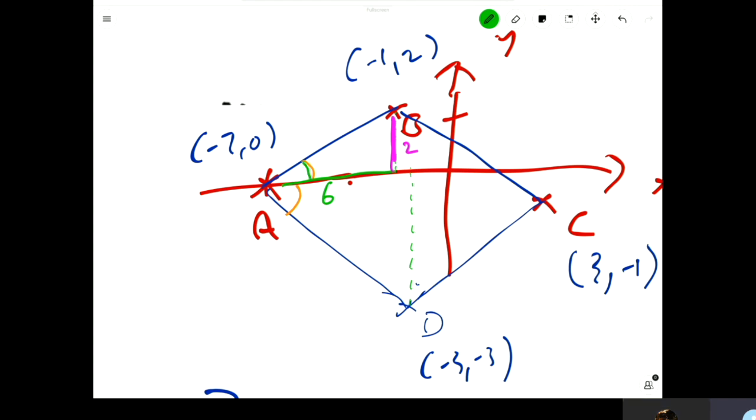So if I want to find this, I need to use trigonometry. So this part is actually tangent. Let's call it theta. Tangent theta is equal to 2/6. So theta equals tangent inverse of 2/6, and it's equal to 18.4. Right, so here is 18.4 degrees.